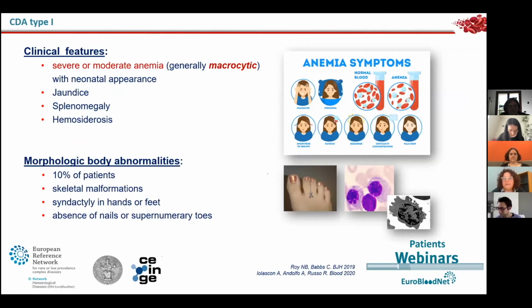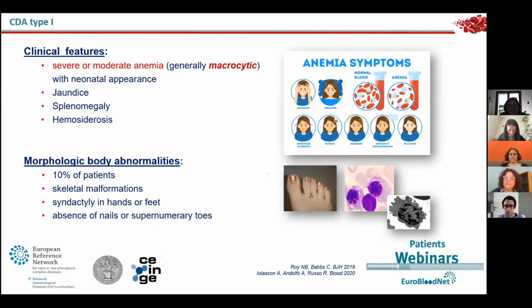As already explained by Paola, there are several subtypes of CDAs, but more or less the clinical features of each subtype are pretty similar. We have some differences, mostly between CDA type 1 and type 2, which are the most common forms.